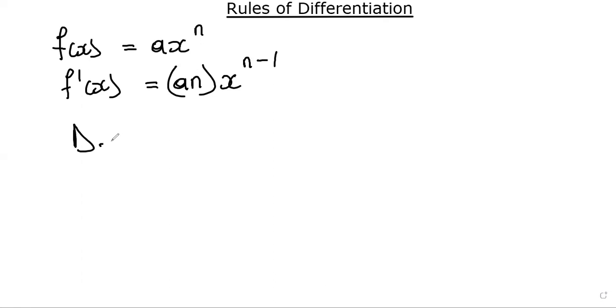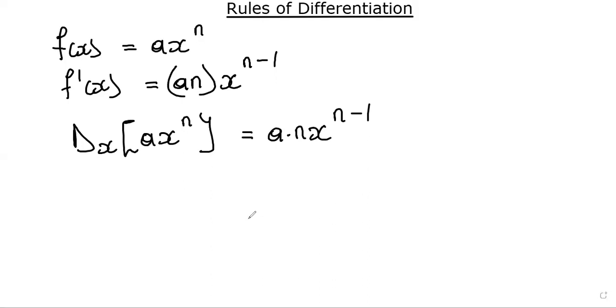You can also write it in this form and say the derivative of ax to the n is just going to be a times n, and then you have your x there, you subtract 1 from the exponent.